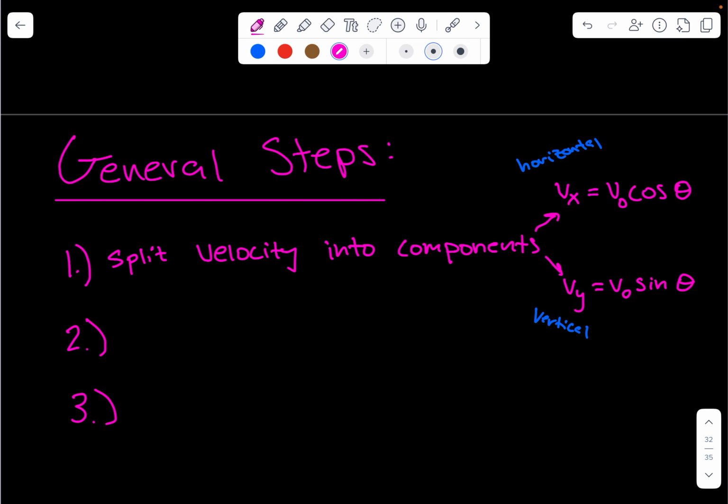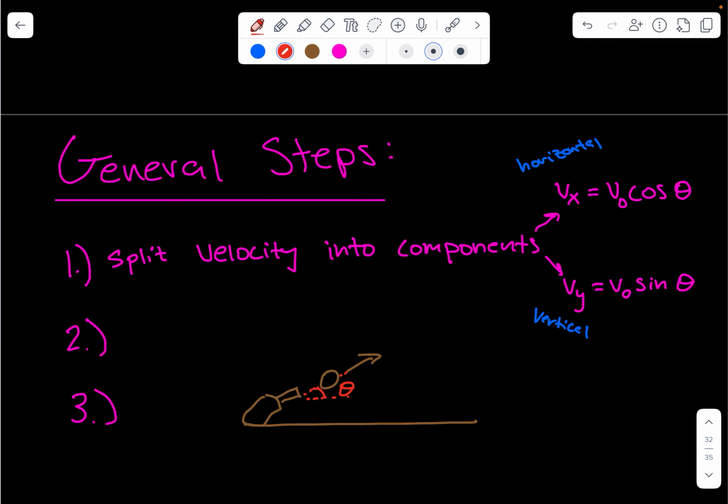And where the theta comes from: if I have an object on the ground here, let's say a cannon, and it launches a ball at an angle from the ground. Theta is the angle of launch, right?